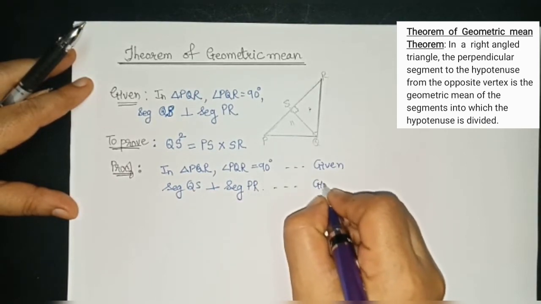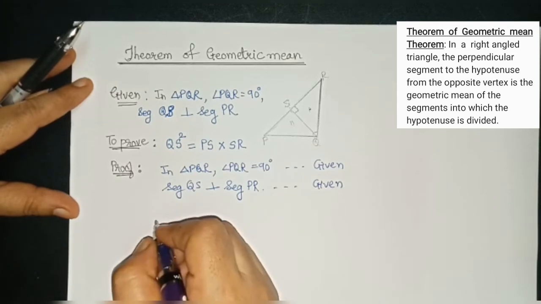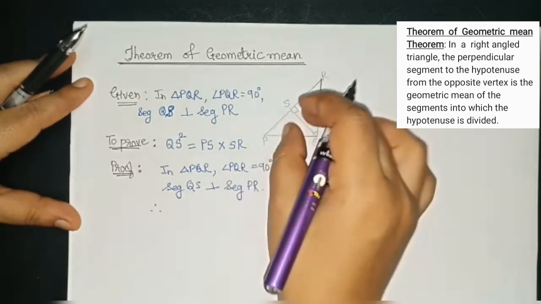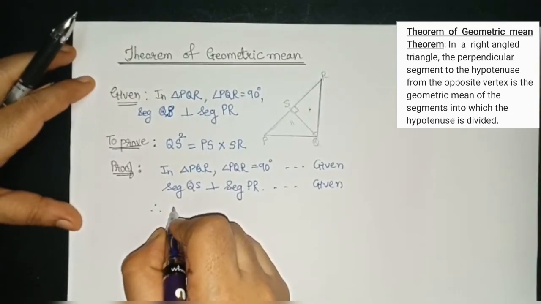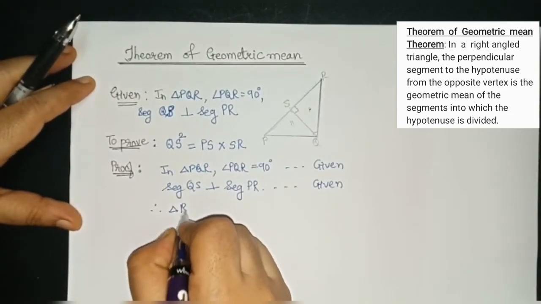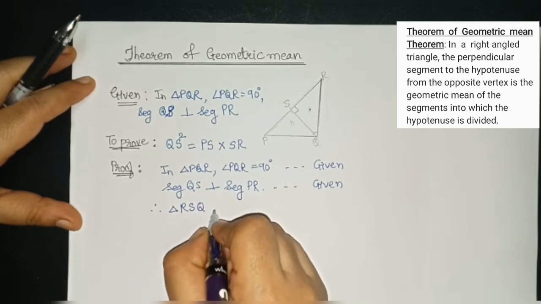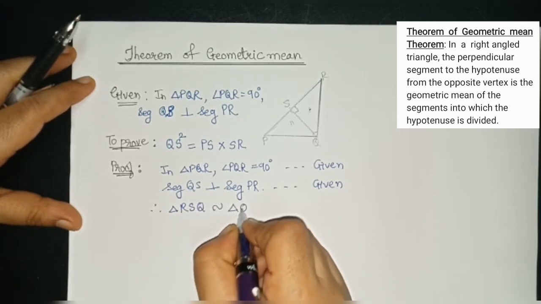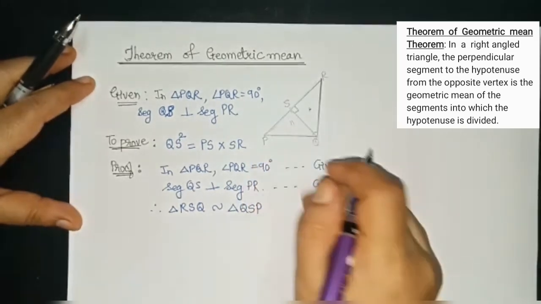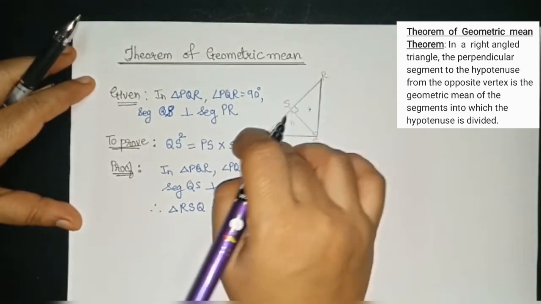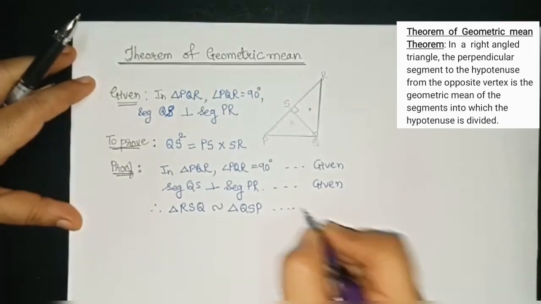This is also given to us. And therefore, these two small triangles are formed. Triangle RSQ is similar to triangle QSP. You can see RSQ is similar to QSP. These two triangles are similar.